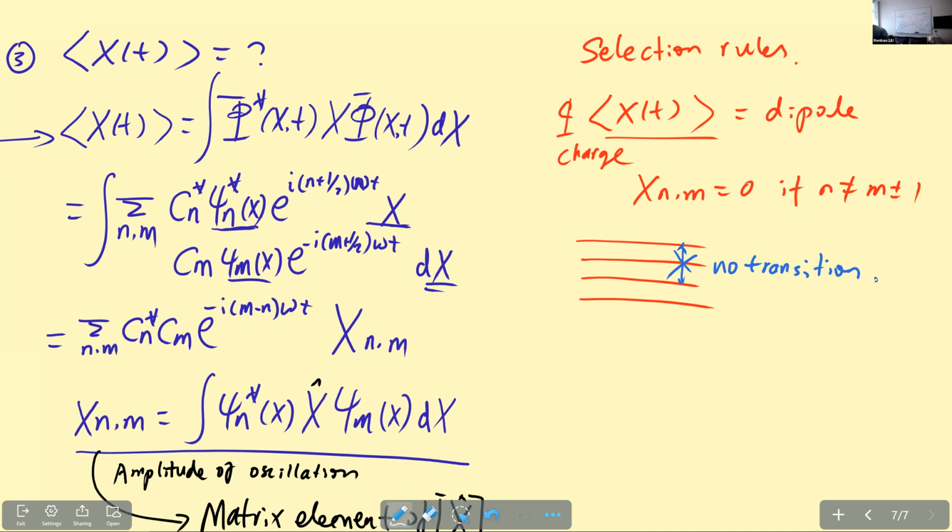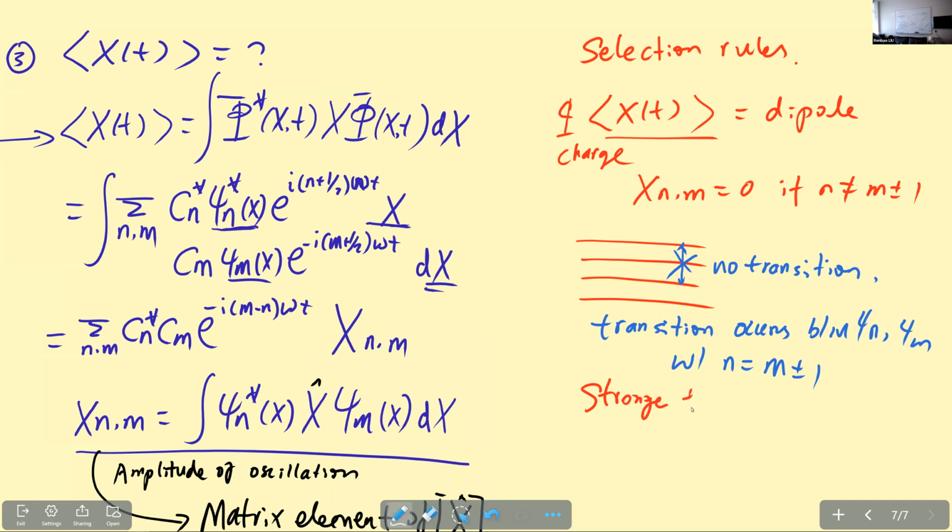So transition occurs between n and m with n equals m plus or minus 1. So that's a selection rule. This is a stronger selection rule than the symmetry requirement, stronger than the parity selection rule.